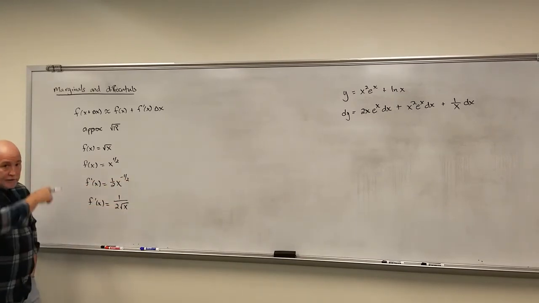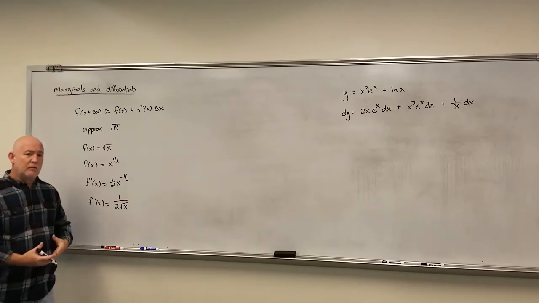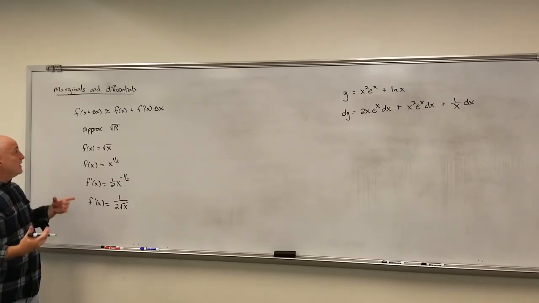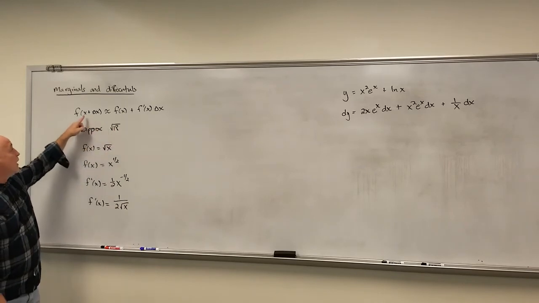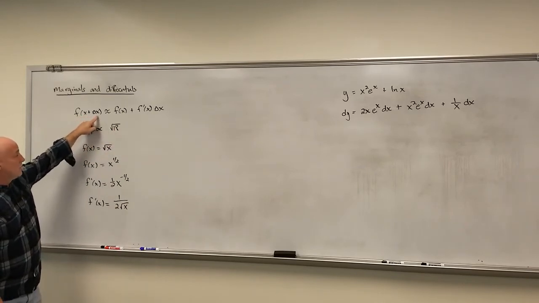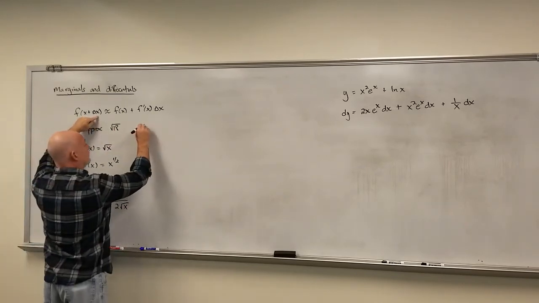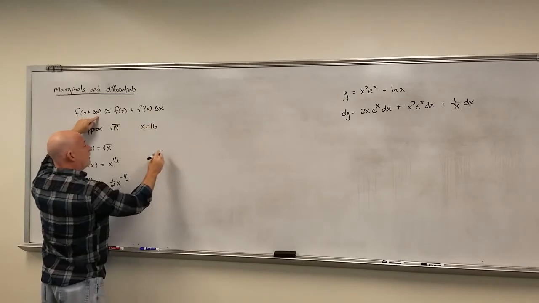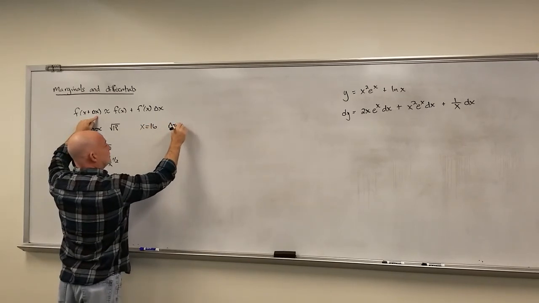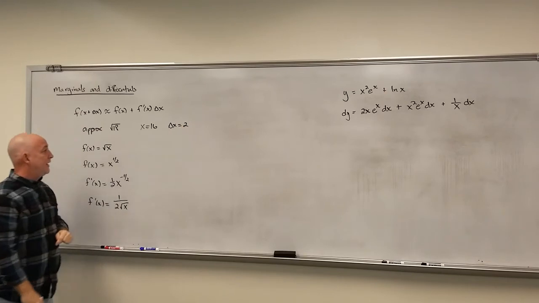Okay, so here's the idea. You say, I don't know what the square root of 18 is, but that's really close to the square root of 16. So that's 16 plus a little bit. So here what we're going to do is we're going to say, let's let our x be something we know, and then our change is how much we're away from that.